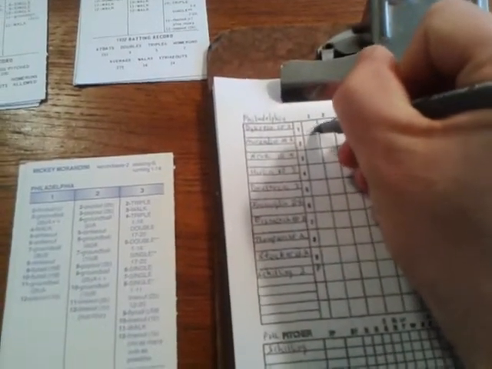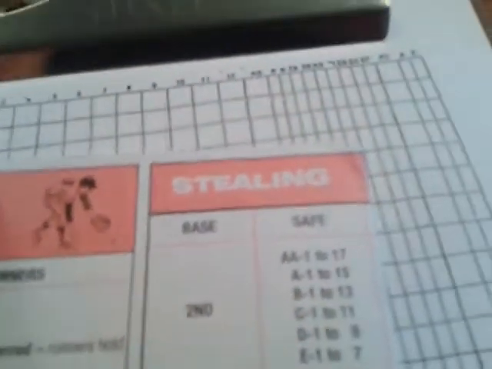He gets a 6. So that is a leadoff single for Dykstra, and he is a double-A stealer, so he is going to probably be on the move here right away with Mickey Morandini stepping to the plate. And let's check out the stealing factors in the basic game. The fact that he is a double-A stealer means he starts out with a 17.